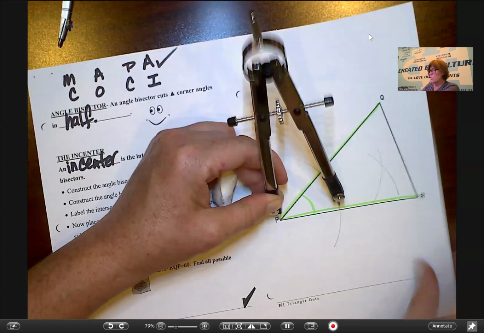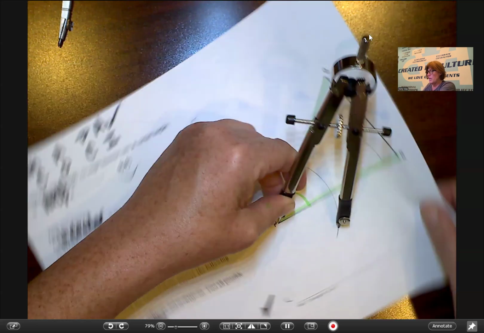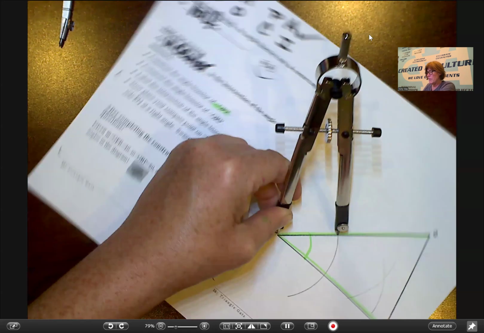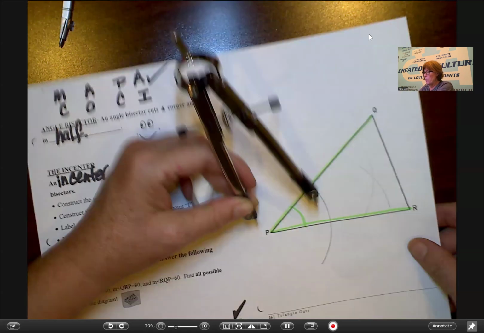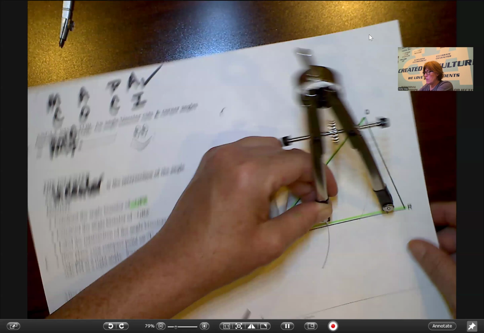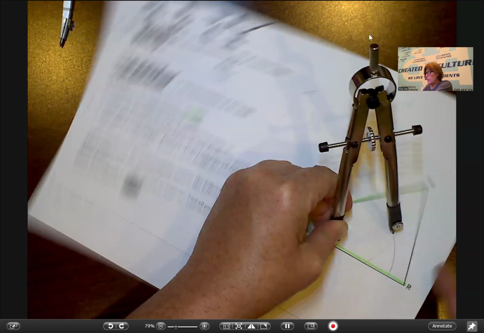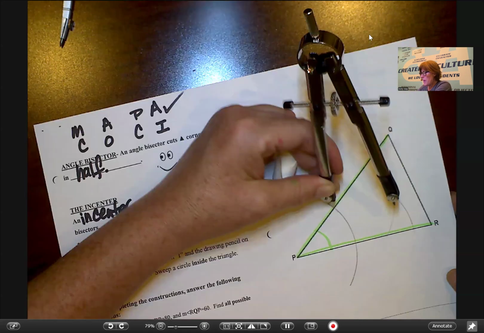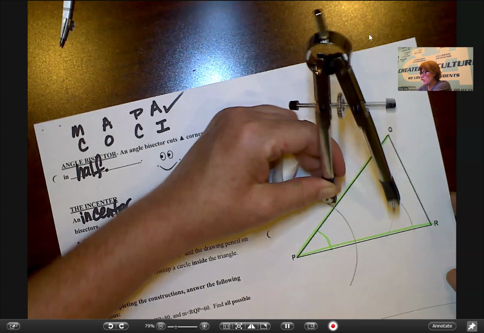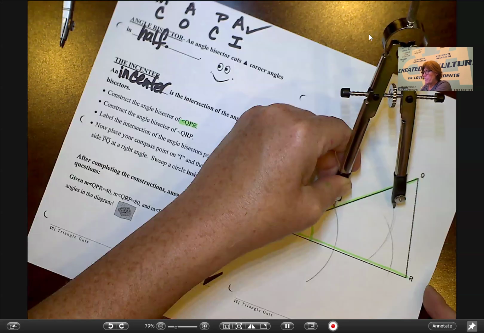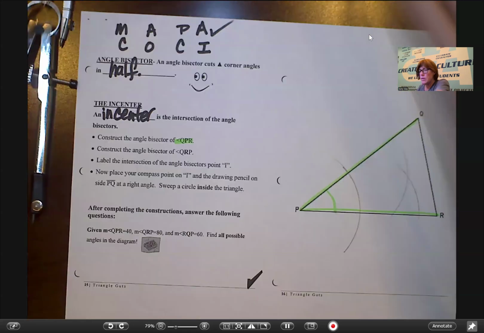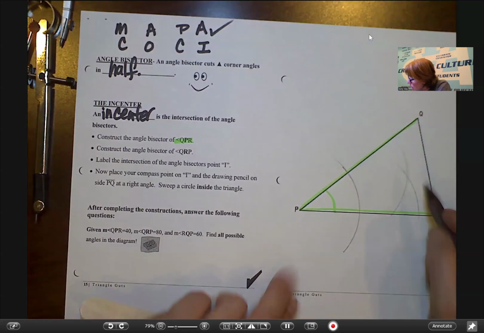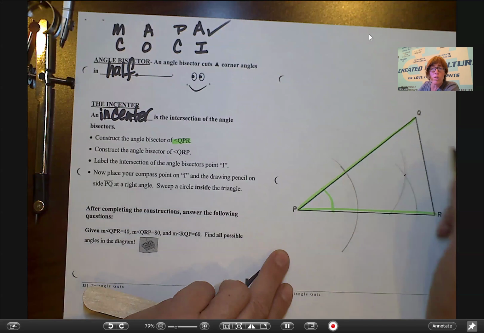Pivot here. You sweep a smiley. Go up to the point of intersection and dimple. Other point of intersection, dimple. Smiley, dimple, dimple. You line up the dimple arcs, if you will.